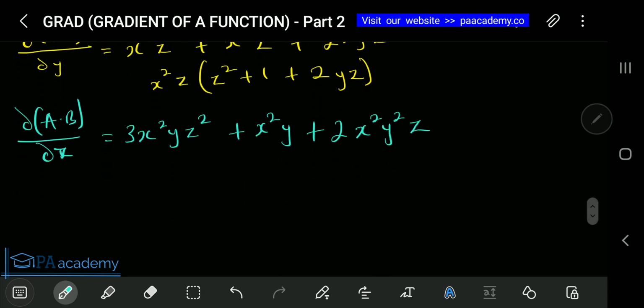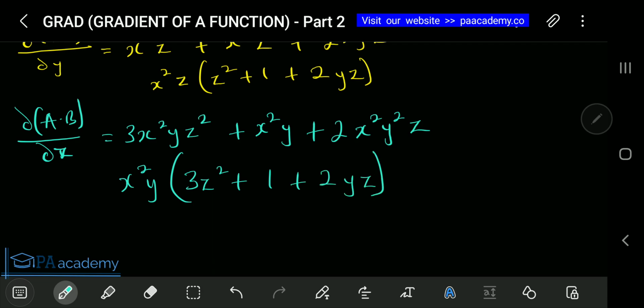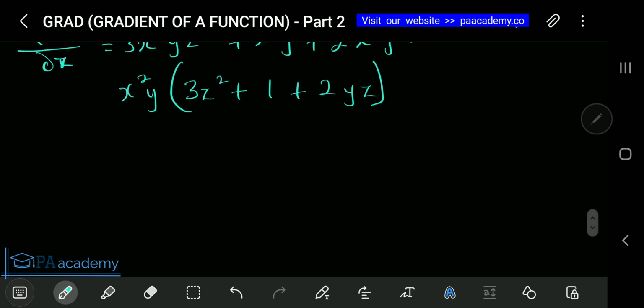All right, so also if you look at this closely, you see that x squared y is a common factor with all of them, so you can just factor it out. So that will be x squared y, then into brackets, 3z squared plus 1 plus 2yz. All right, so we are almost done.